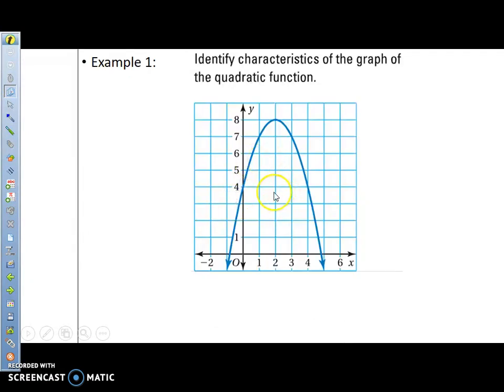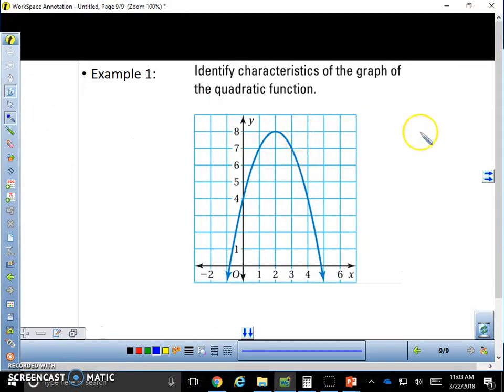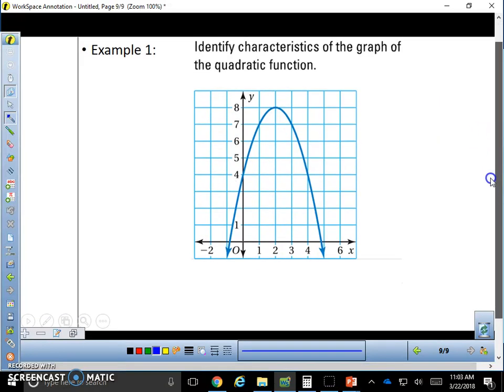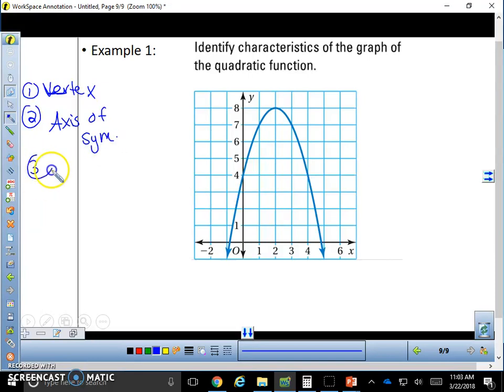Now let's go ahead and practice identifying characteristics. There are 6 basic characteristics when it comes to any function that we're talking about. The first one is vertex. The second one is the axis of symmetry. The third one is the y-intercept.